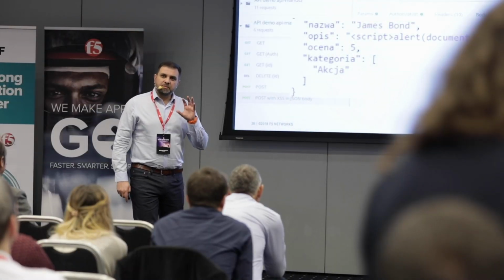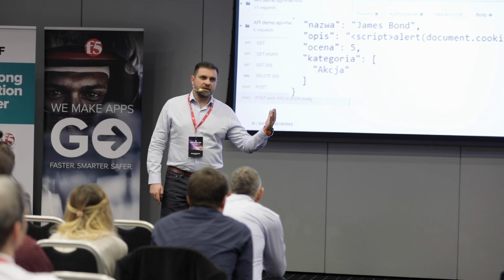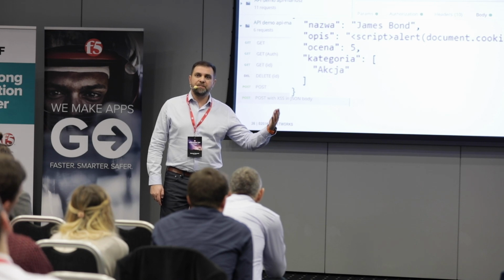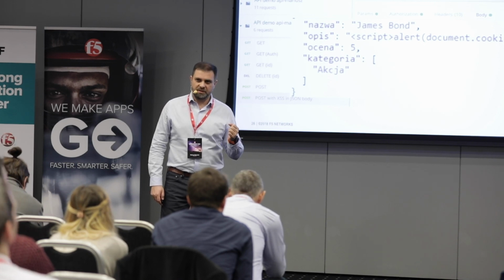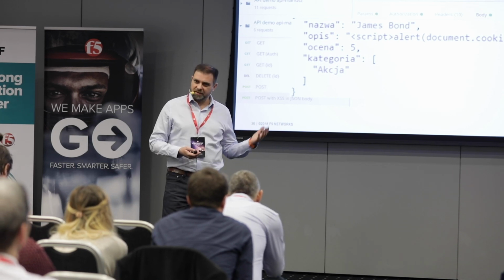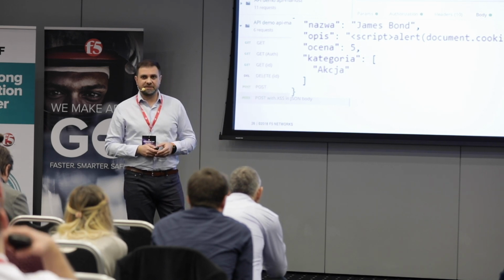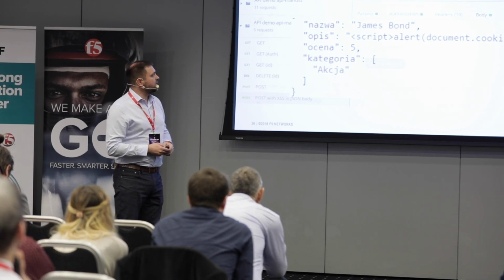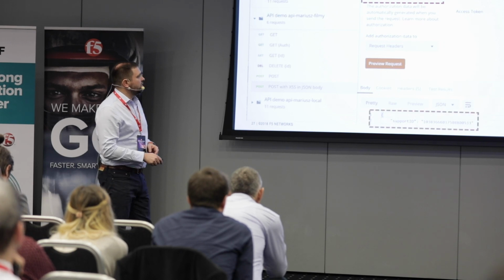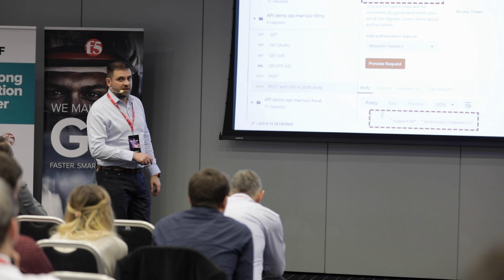So what does it mean? It means, very important when we are talking about API security, you need to also secure the payload of the API calls. Because some sophisticated guys can provide well-known web attacks inside the API calls. So if I send this request to my web application, you will receive 403 Forbidden, and in the response you will get the support ID.